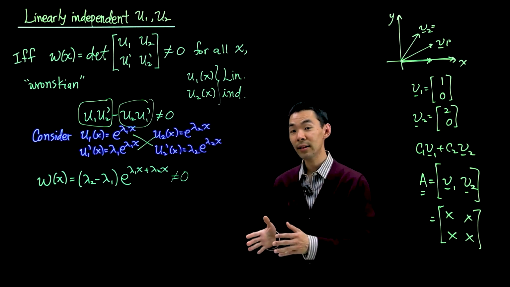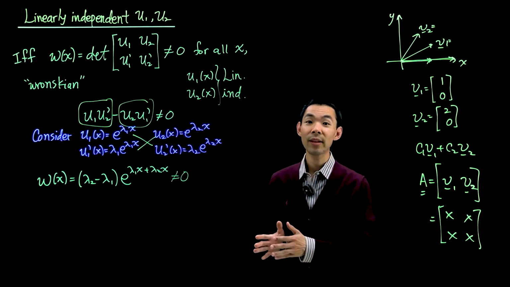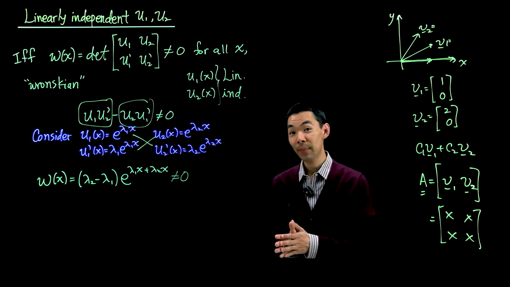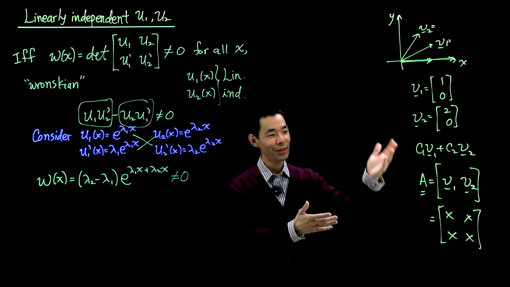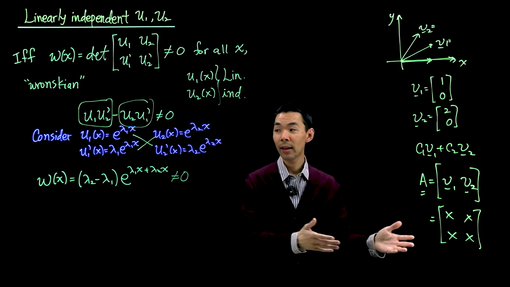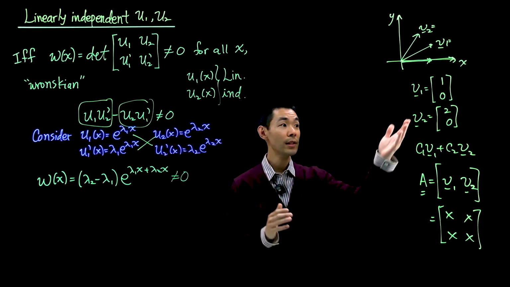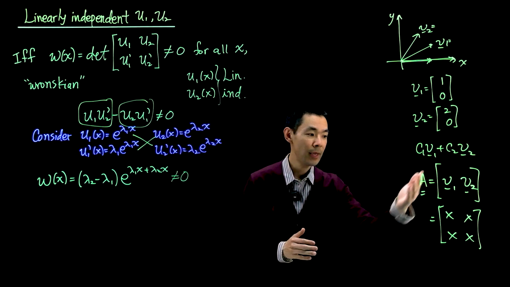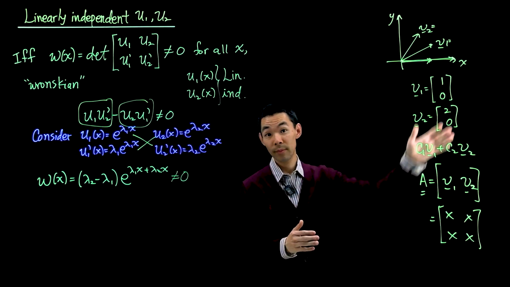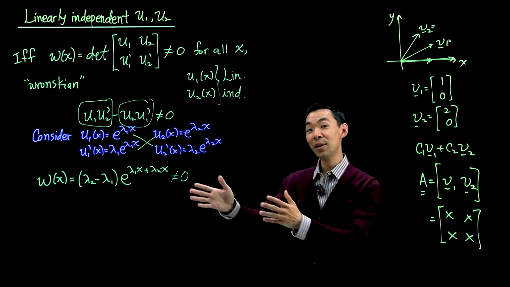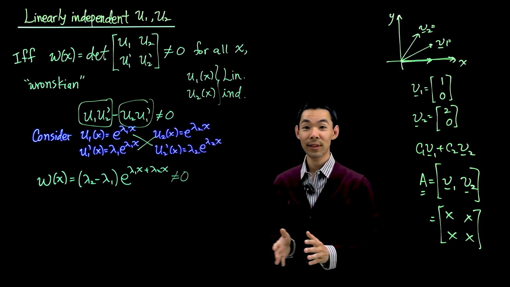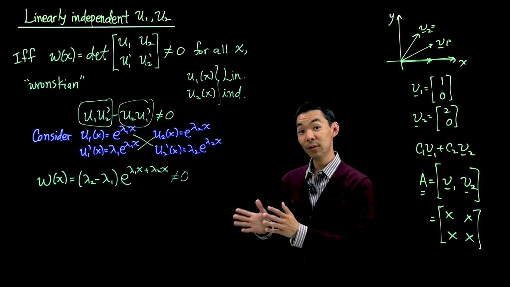But if they're not, then we are guaranteed that u1 and u2 are linearly independent with respect to each other, according to this definition. And going back to linear algebra, that would imply that these two functions, just like vectors that span the whole column set or the row set, span the whole solution set. Okay, so let's write that down.